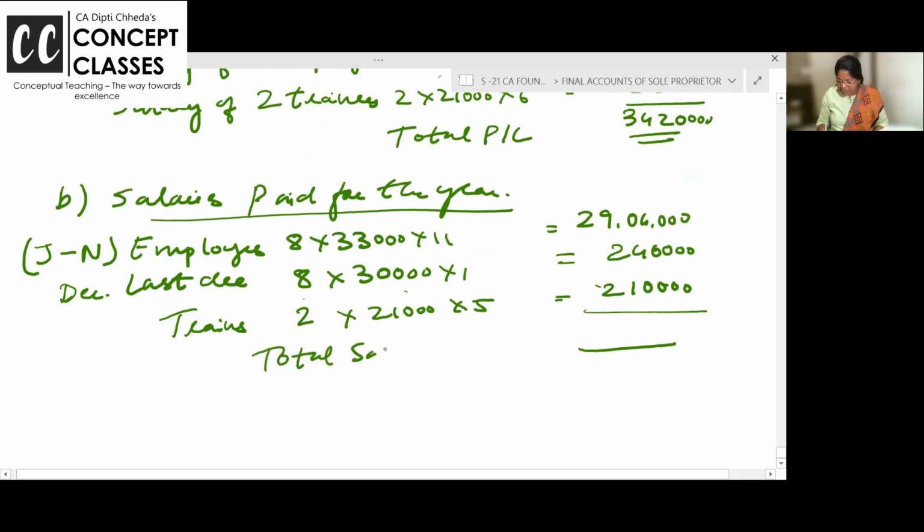Total salary paid. Shall I repeat? Or is it clear? Total salary paid: 33,54,000.